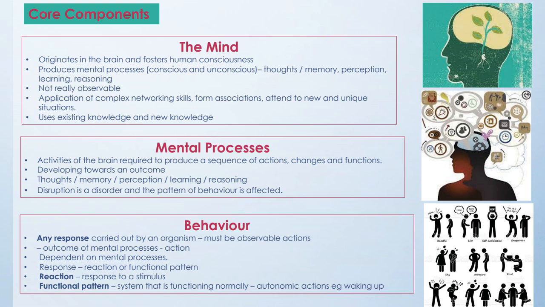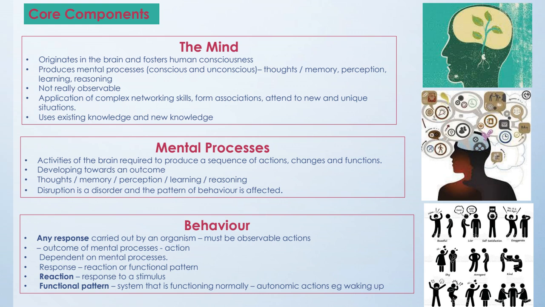So when we look at psychology and we look at the core components of psychology, and this came back from our definition, it's really about the study of 3 things. It's about the study of the mind, it's about the study of mental processes, and it's about the study of behavior. So when we think about it, the mind is different to the brain.